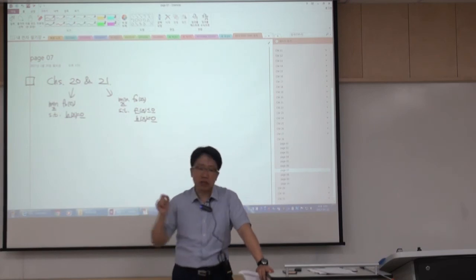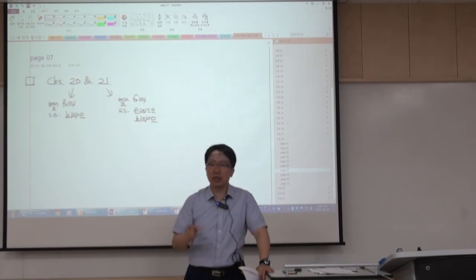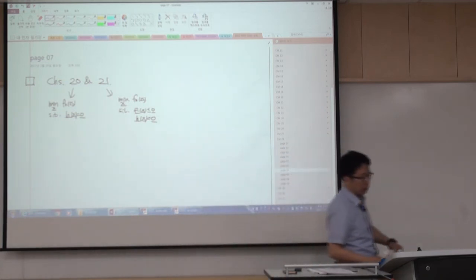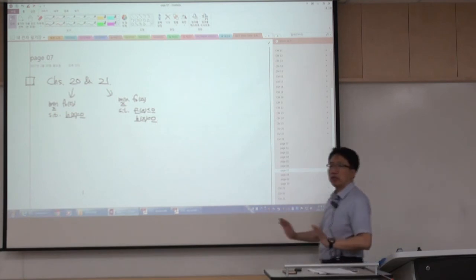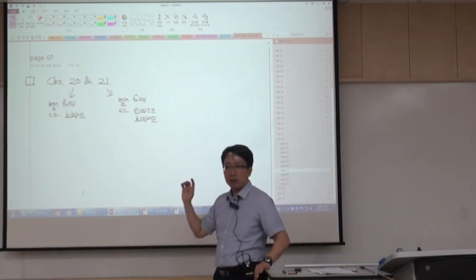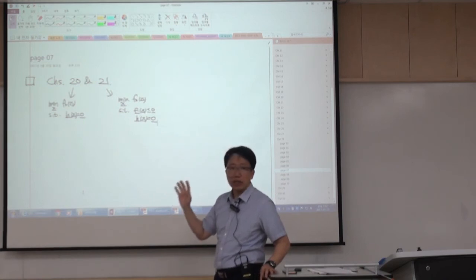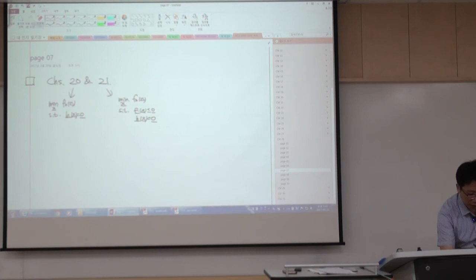And I will stick to lambda as the non-negative vector, and nu, the Lagrange multiplier vector for the equality constraint. Got it? So given these two, I'm not saying any duality here. That's the difference actually. What I'm saying is this. So the results, let me write down this.